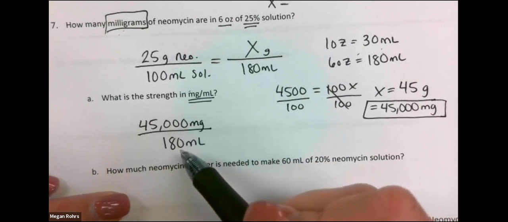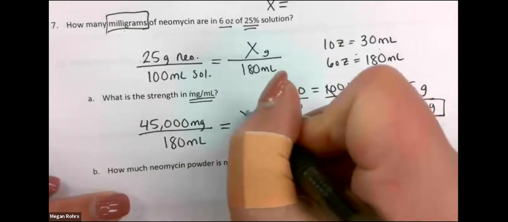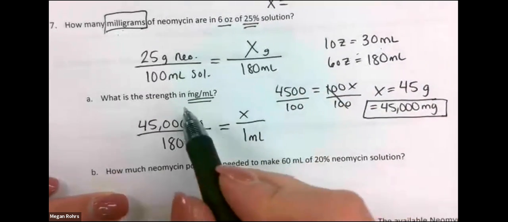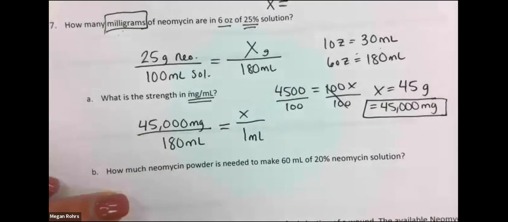So you can simply just divide this, or you can set it equal to x over 1 mil. Essentially, we're still just taking 45,000 divided by 180.